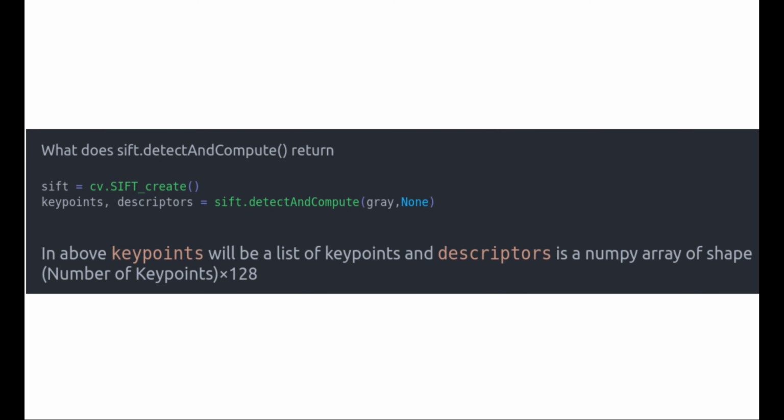Now, with both the key points vector and the descriptors vector, a computer can decide that those two images A and B are the same, even though their scales are different. So that's basically why we need both key points and descriptors to be returned from SIFT dot detect and compute.